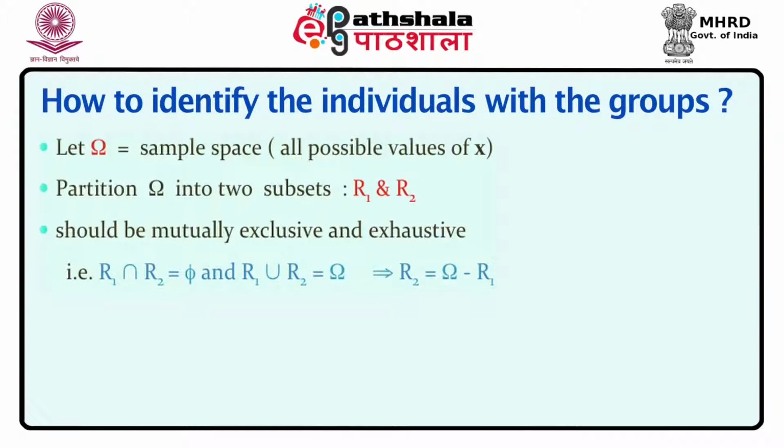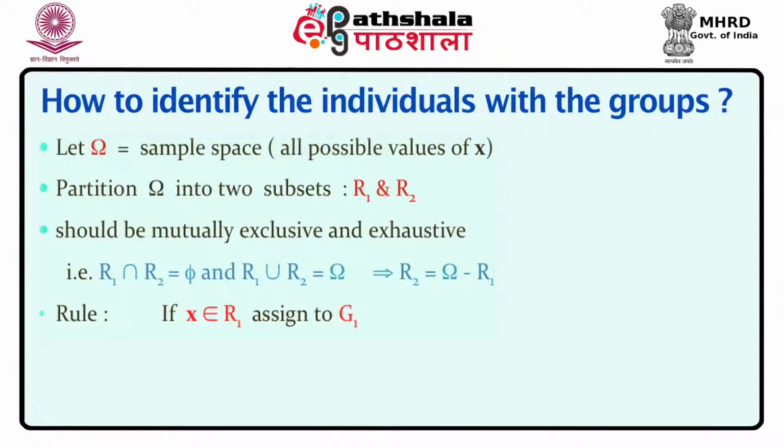These two subsets are so chosen that they are mutually exclusive and exhaustive. That is, R1 intersection R2 is phi and R1 union R2 is omega, which really means R2 is omega minus R1. What does this mean?